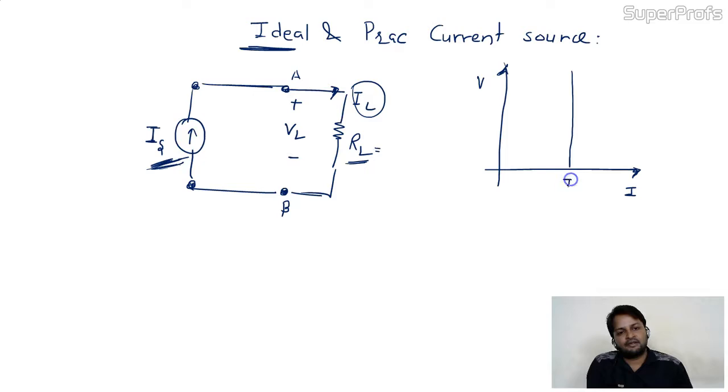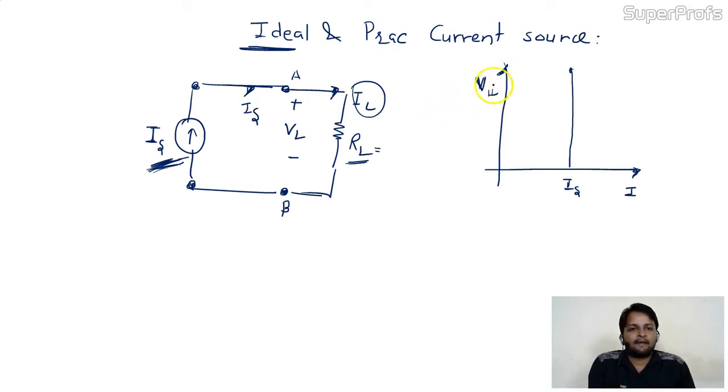That is equal to IS, because IS is the current in the circuit. So this current will be the same, whatever load resistance or voltage we take, no matter. Like this, it will be a constant. You increase the load voltage, no matter.